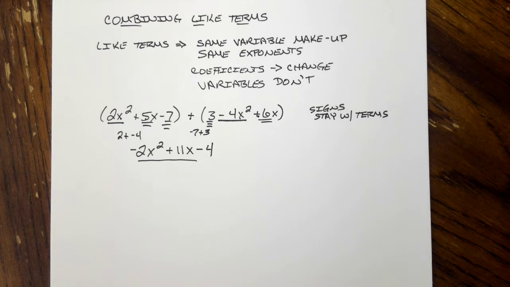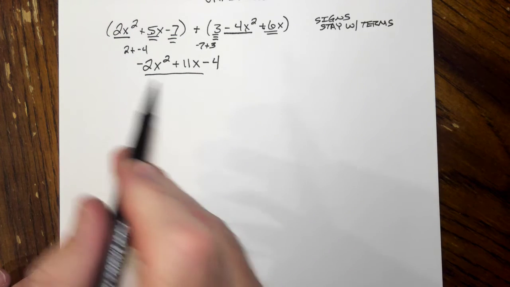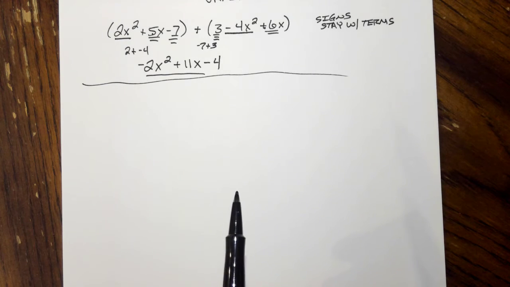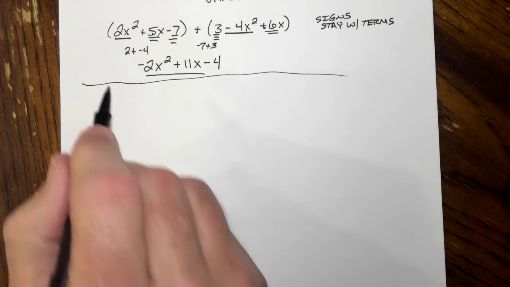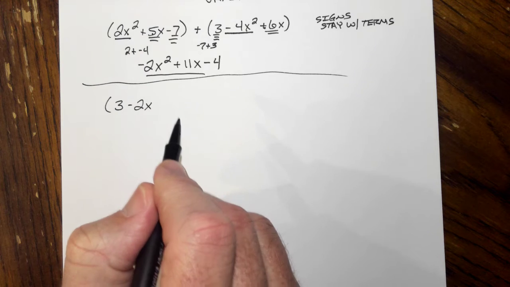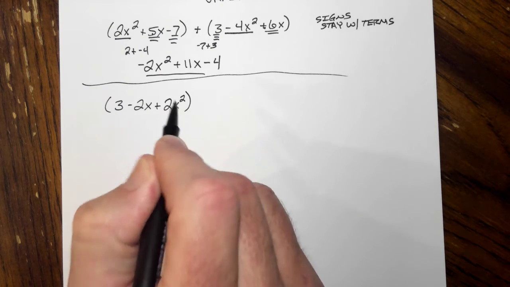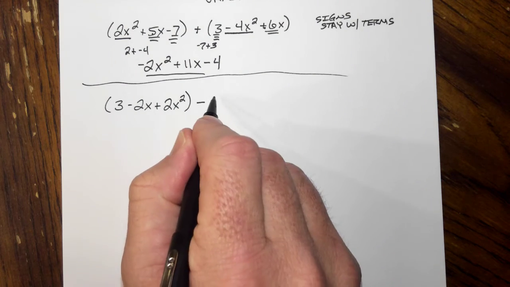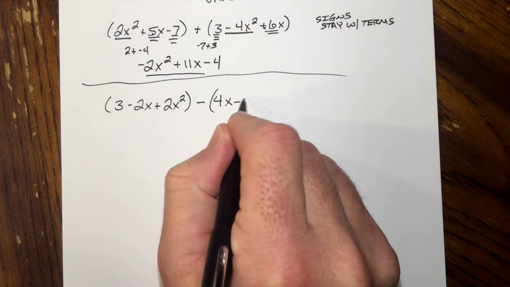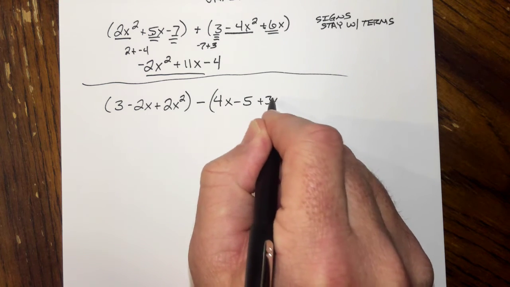All right, let's look at this example if we would. This time we will go with quantity of 3 minus 2x plus 2x squared, minus quantity of 4x minus 5 and then plus 3x squared.